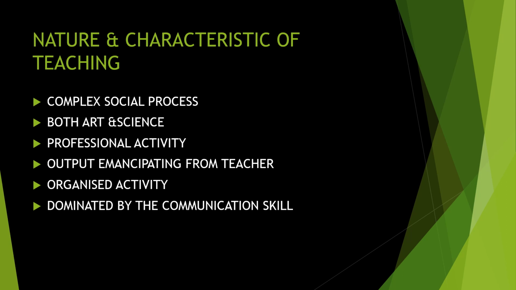Next, both art and science are there in teaching. The teacher should have the capacity of an artist. She is beautifully portraying and building up a society, so she should be a good artist. Art here means creating.